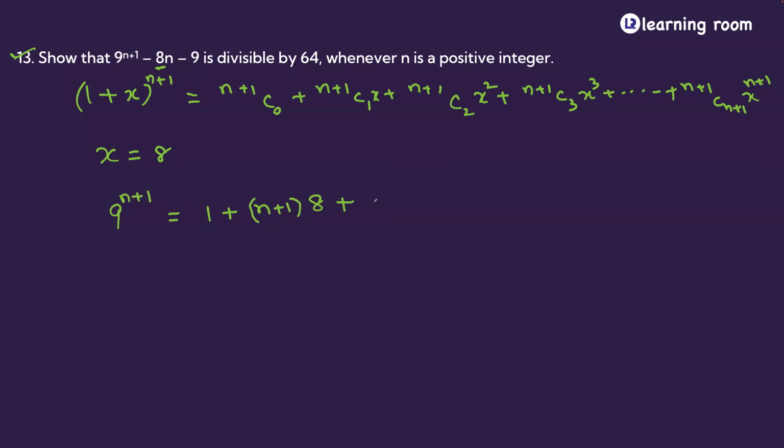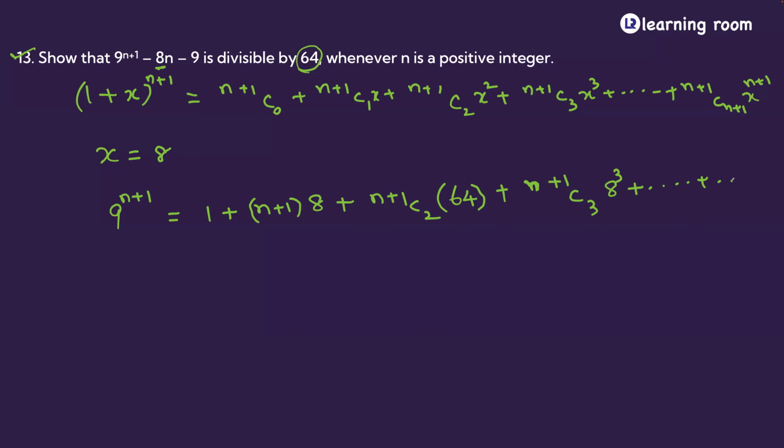Plus n plus 1 c2, I will leave it as it is, into x square. x square is going to be 64, and 64 is the number with which I'm concerned. Plus n plus 1 c3 into 8 cube plus so on.